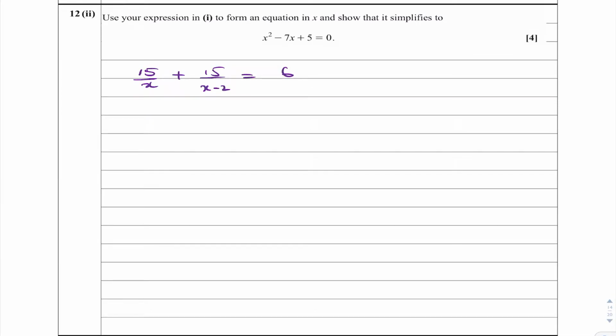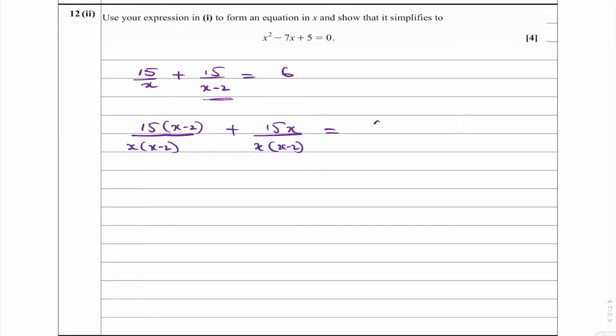Now what we need to do is simplify this expression. The common denominator is x into bracket x minus 2. So I've got 15 over x, and I haven't got x minus 2 in the denominator, so I have to put x minus 2 on top. Plus I've got 15 over x minus 2, but I haven't got x here, so I have to put x there.